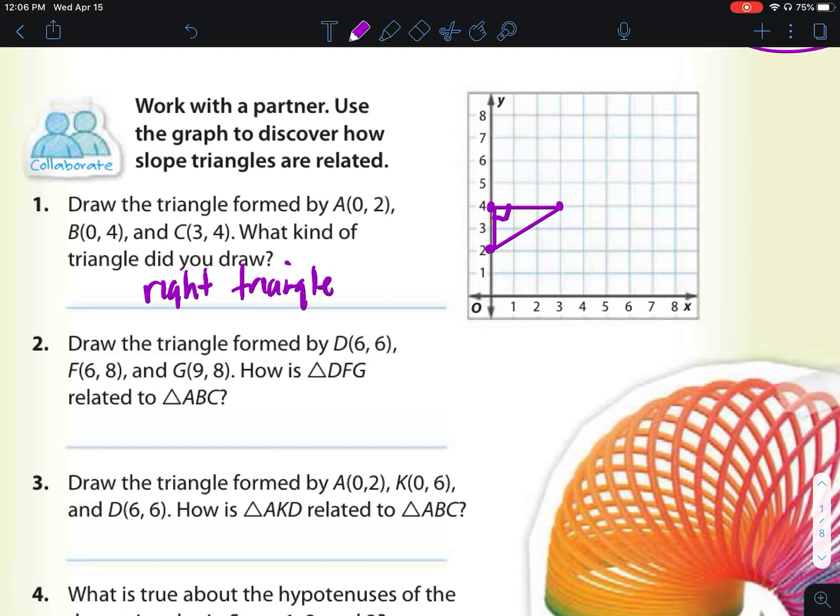Draw the triangle formed by number 2. Draw the triangle formed by D, 6, 6. So this is 6, 6. Then 6, 8. And point G, 9, 8.